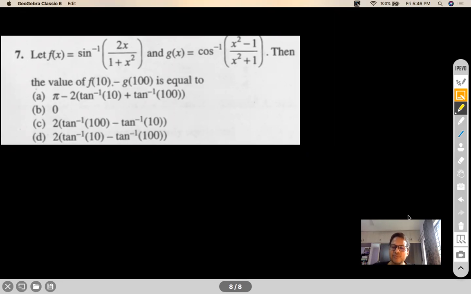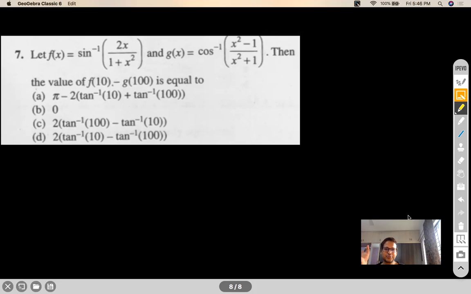Tan inverse has a different way of behaving. If you know the 3 sine inverse x graph, you can find the graph of 3 cos inverse x, because sine inverse x is pi by 2 minus cos inverse x. So it's the case of shifting up and down, or maybe the reflection about the x-axis or y-axis. That relation I can easily find out, but there is no relation, I guess, between 3 cos inverse and 3 tan inverse directly.